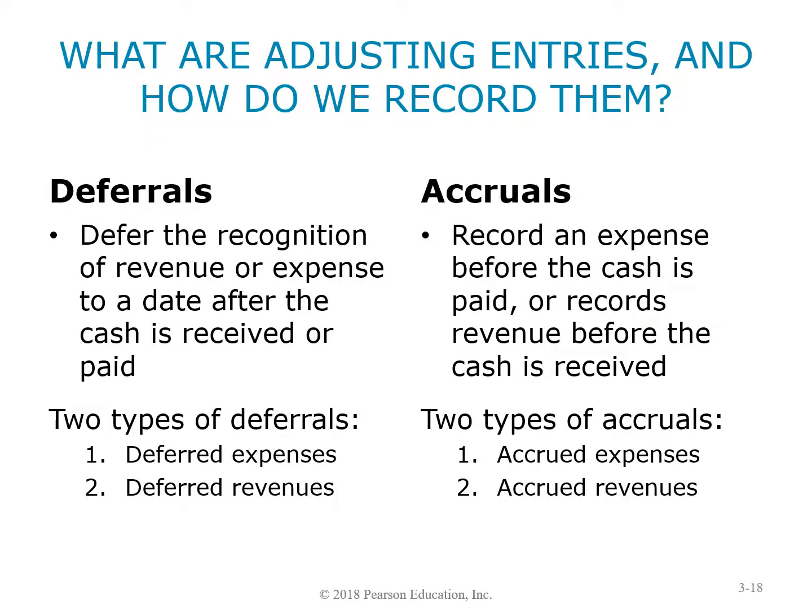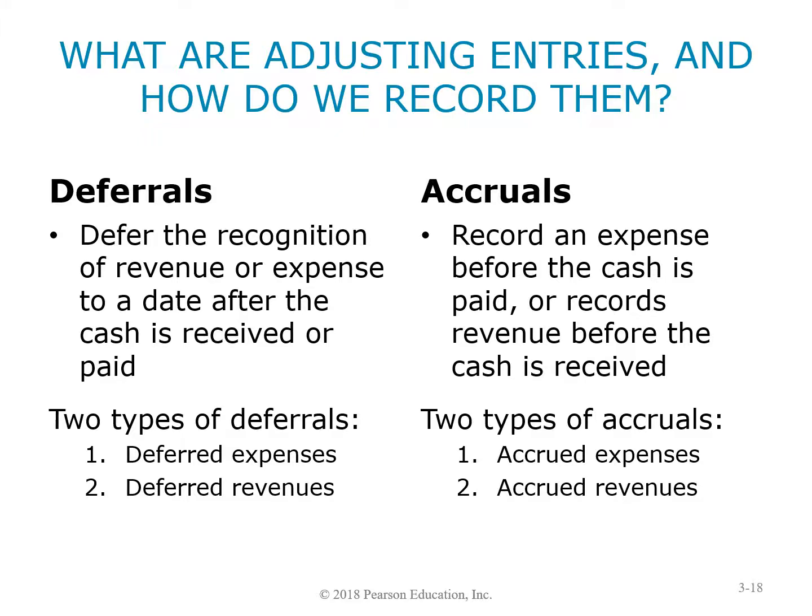Deferrals defer the recognition of revenue or expense to a date after the cash is received. We have two types of deferrals: deferred expenses and deferred revenues. Let me give you an example. For example, if we had a deferred expense, it's like supplies. Remember when we purchased supplies, we debited supplies and we credited cash. We were deferring the expense of the supplies until we used them up.